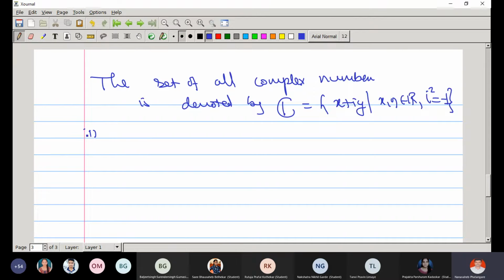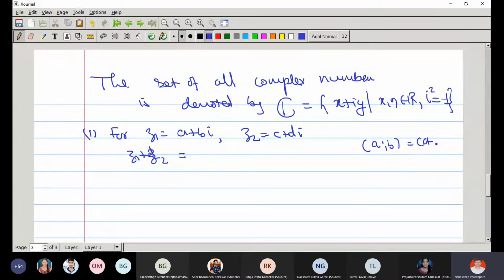So for z1 is equal to a plus bi and z2 is equal to c plus di, z1 plus z2, how do we add? If you look at a comma b is identified with a plus bi, and c comma d is identified by c plus di.